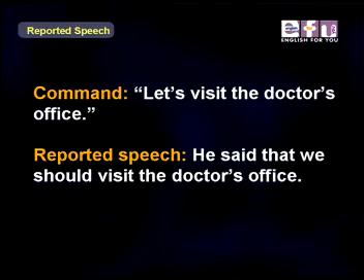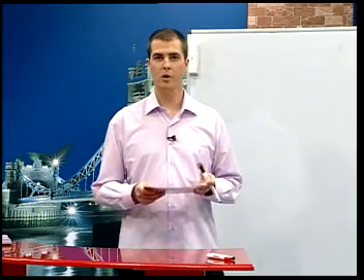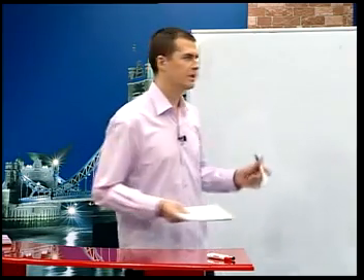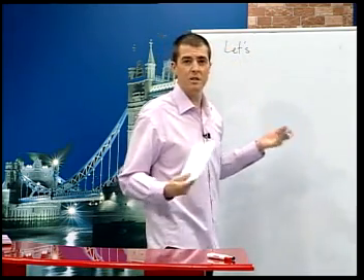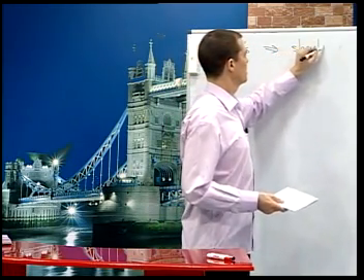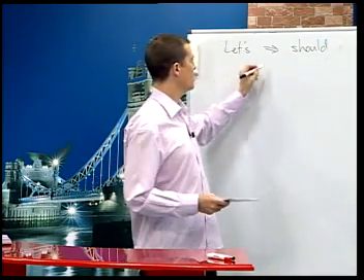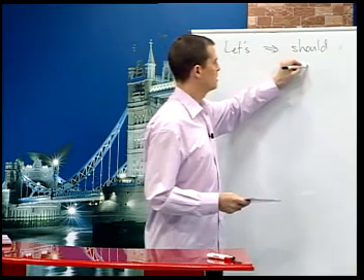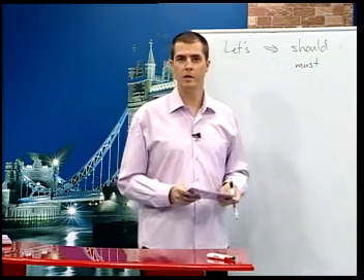In the first sentence, he is added, and in the second sentence, the nurse is added. Now should or another appropriate modal auxiliary is used. In the first sentence they had let's, and let's is a suggestion, so it's an idea, so we could probably use should. In the second sentence, it was just be on time, imperative, so we used must. Should or must, maybe have to, other modal auxiliaries for commands.